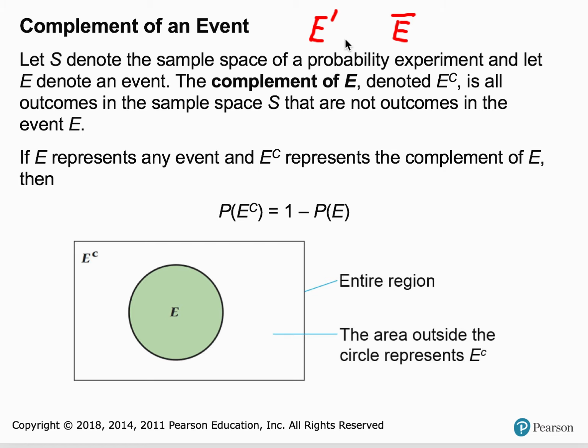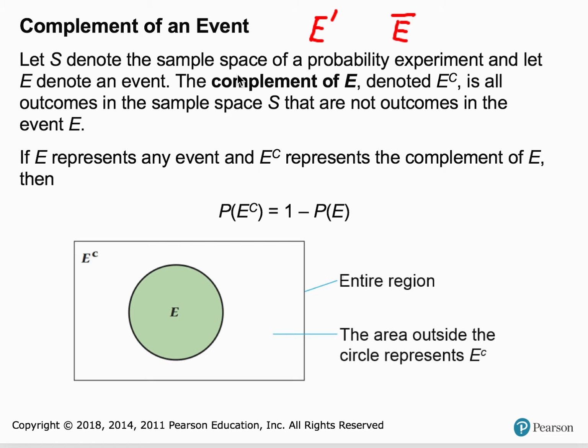Okay, this is the most common. I will try to use their notation so we can be consistent with what you're going to see in your homework. But if I slip to this, which is okay, I want you guys to recognize this is also the complement, but I'll try to use this.